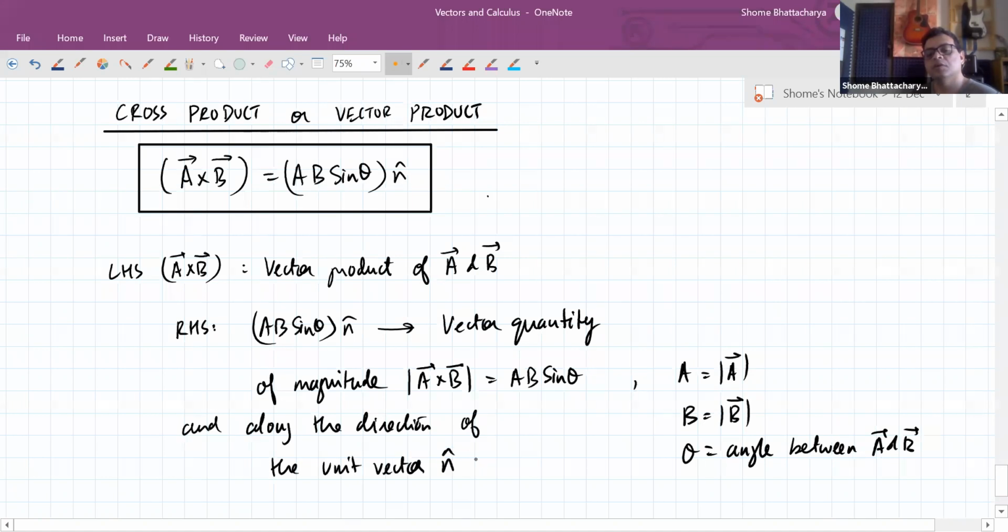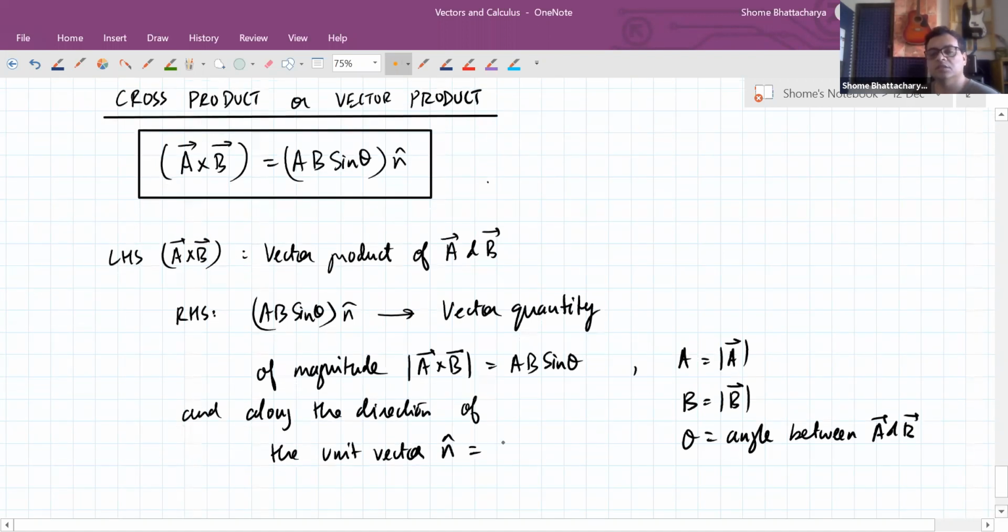n cap. Now this unit vector has a special significance. This unit vector is perpendicular to the plane of vectors A and B. So we'll discuss more about the direction of this unit vector, but let's first understand the definition.